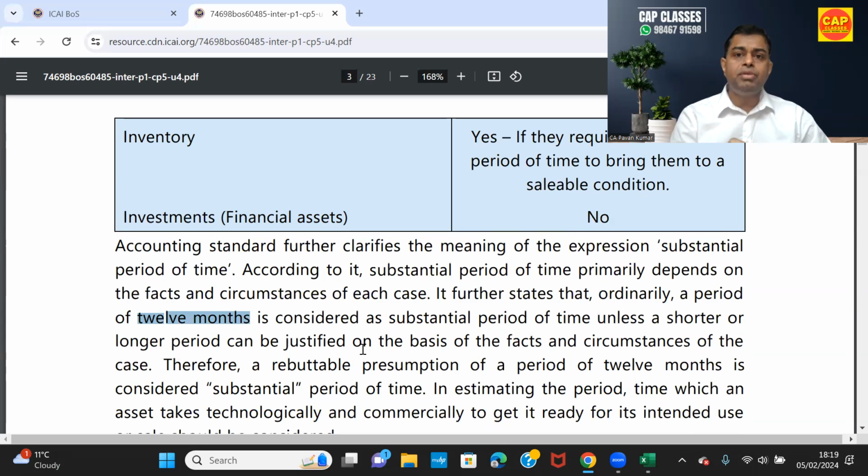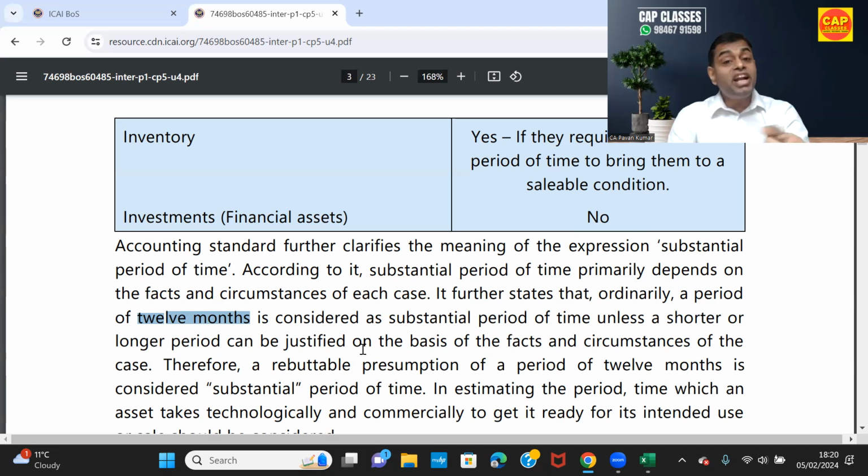Sometimes, when you read RTP, they say construction of this civil construction building started on 1st July and it is completed on 31st March. Now, one smart student will calculate and ask, sir, that means only 9 months. The asset is constructed in 9 months. How can you capitalize borrowing cost, sir?